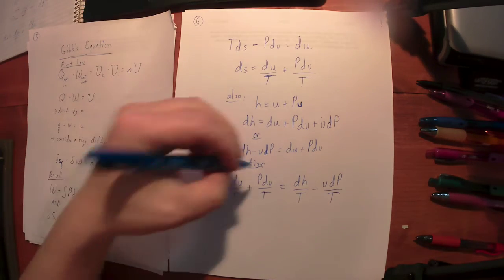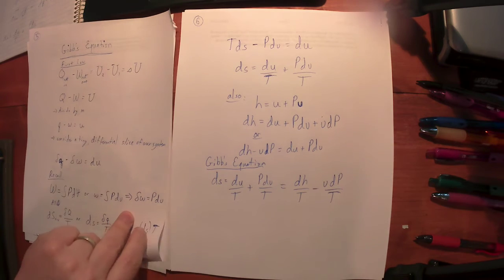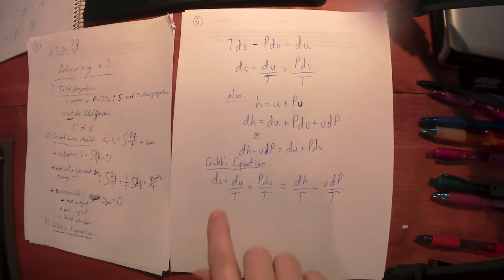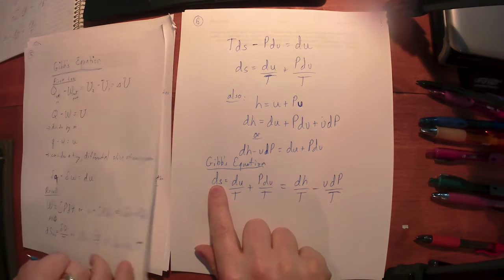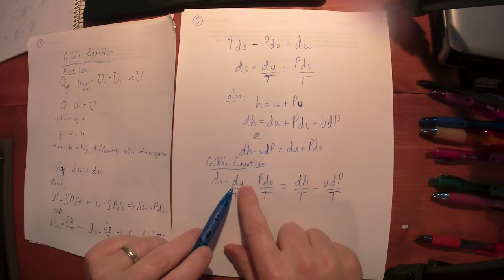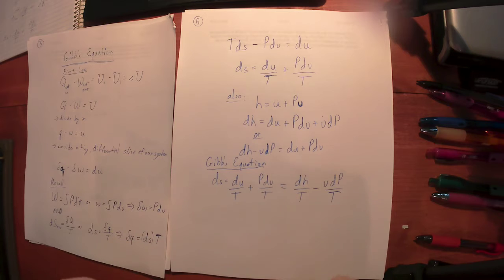Now, how does that help us? Well, again, the whole goal we're trying to do is determine delta S. And so what Gibbs equation tells us is that an entropy change can be described based on a change in internal energy and how pressure, temperature, and specific volume relate to each other.